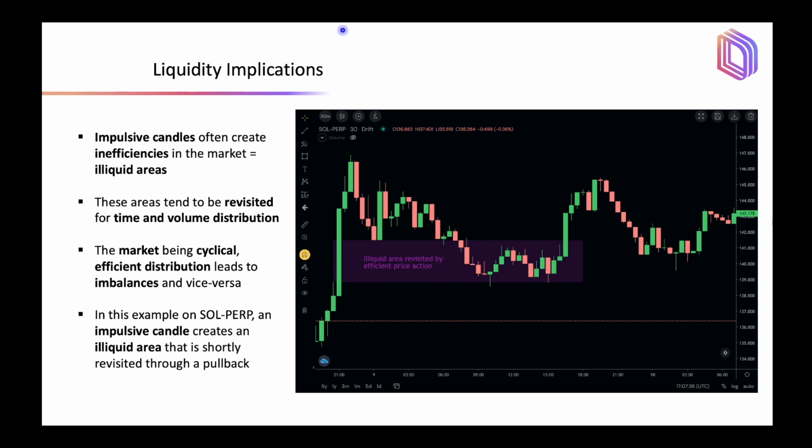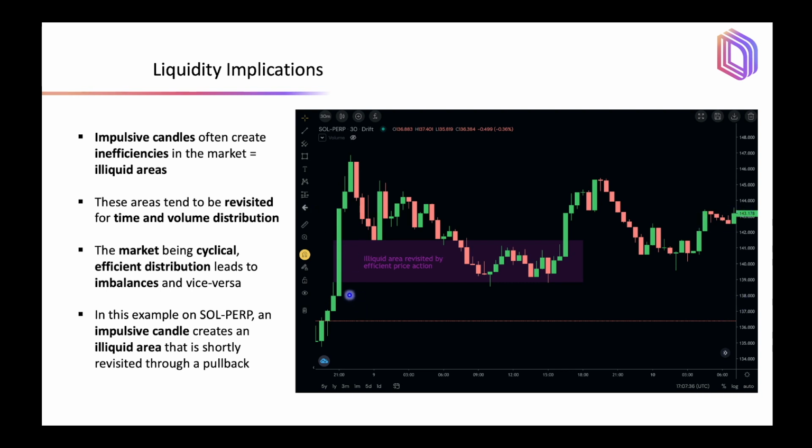In terms of liquidity, what I want to emphasize here is the difference between impulsive candles and efficient price action. Impulsive candles, for example here on the left, we have this very long candle that went from about 138 to 143.